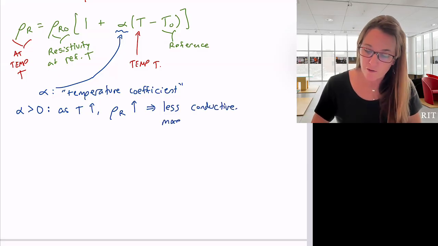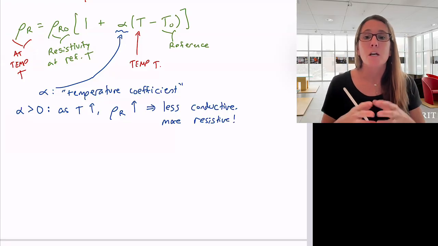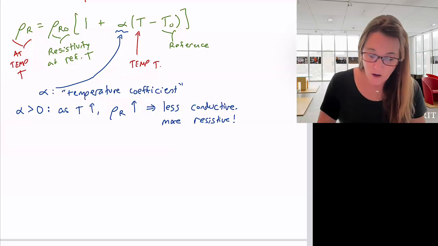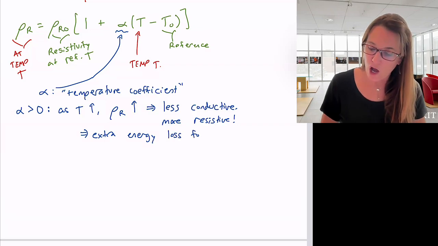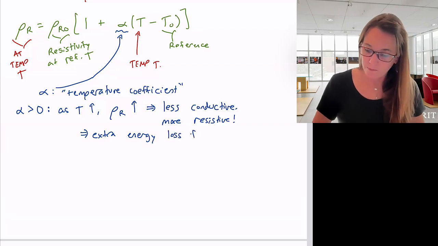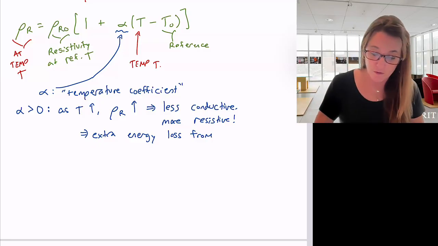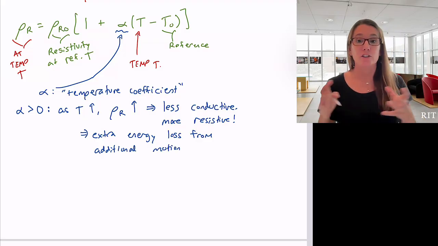And that higher resistivity is going to come from the extra energy loss from the additional motion at the higher temperature.